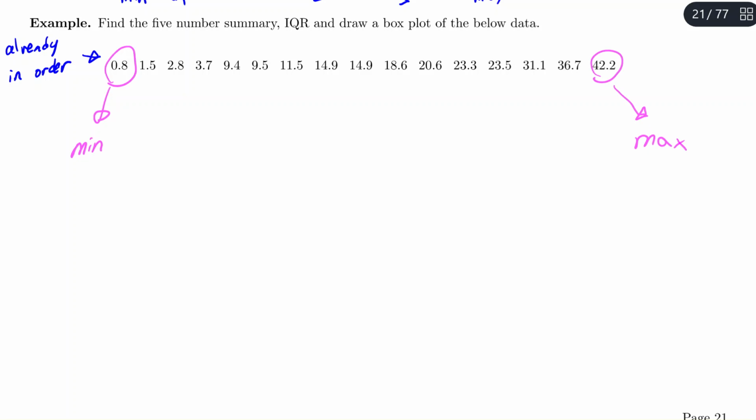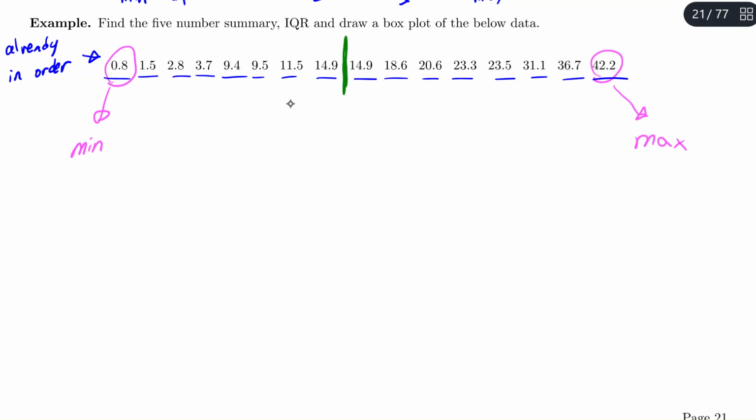Median, we find it by looking at the middle number. We have 1, 2, 3, 4, 5, 6, 7, 8, 9, 10, 11, 12, 13, 14, 15, 16. We have 60 numbers. That means we have an even number of numbers. So where's the middle? 1, 2, 3, 4, 5, 6, 7, 8, right here.